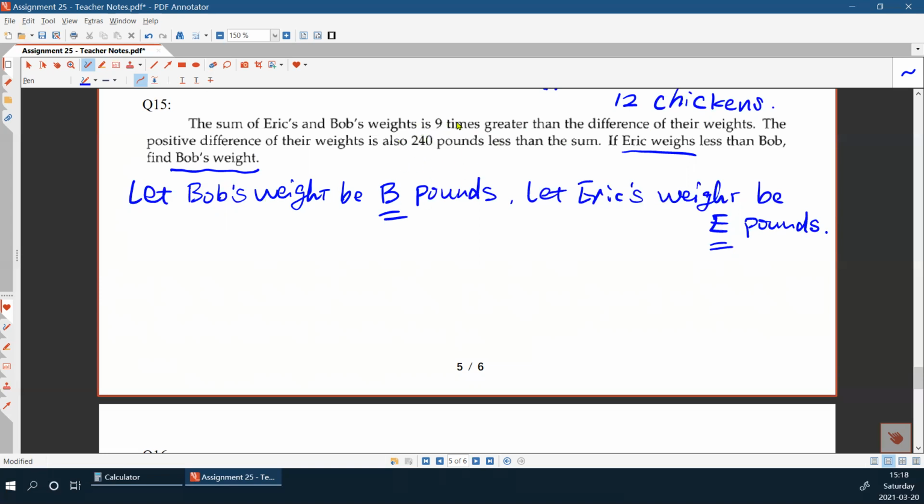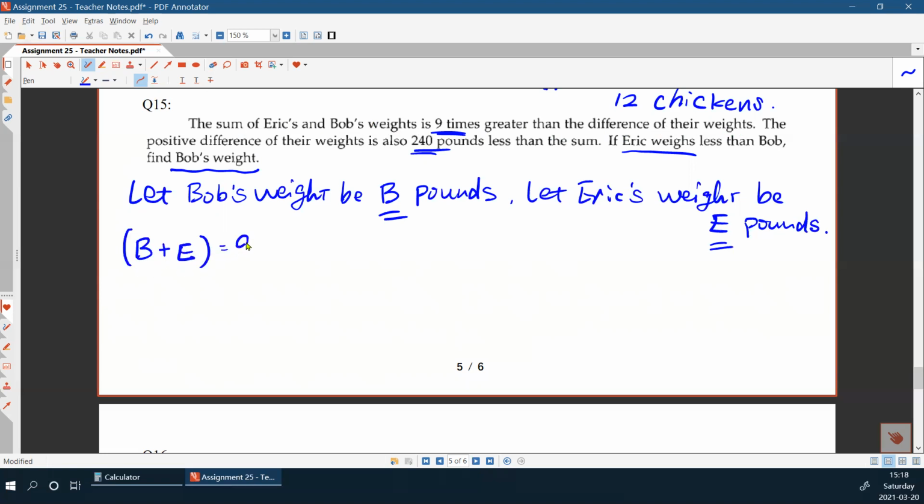Any given information there? As I said, pay special attention to the sentences containing numbers. So we have a number here and a number here, right? That means two pieces of information have been given to you. First of all, the sum of these two weights is 9 times greater than the difference of their weights. The sum of these two weights means B plus E, right?